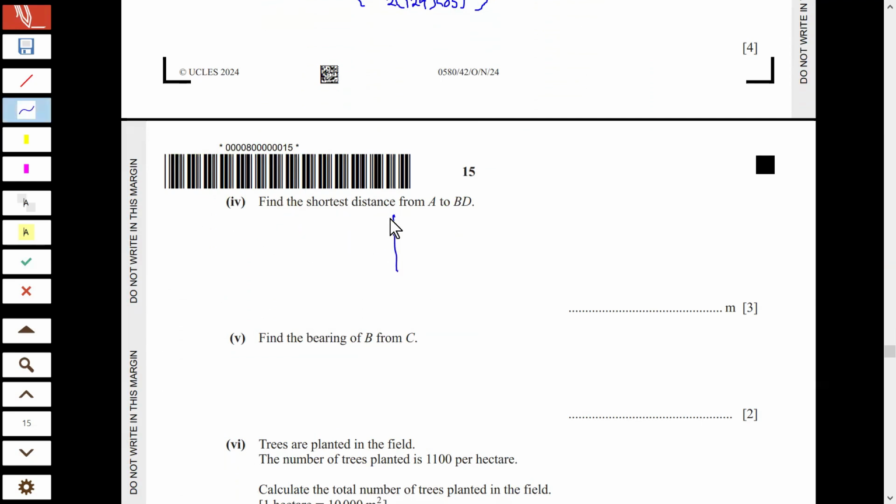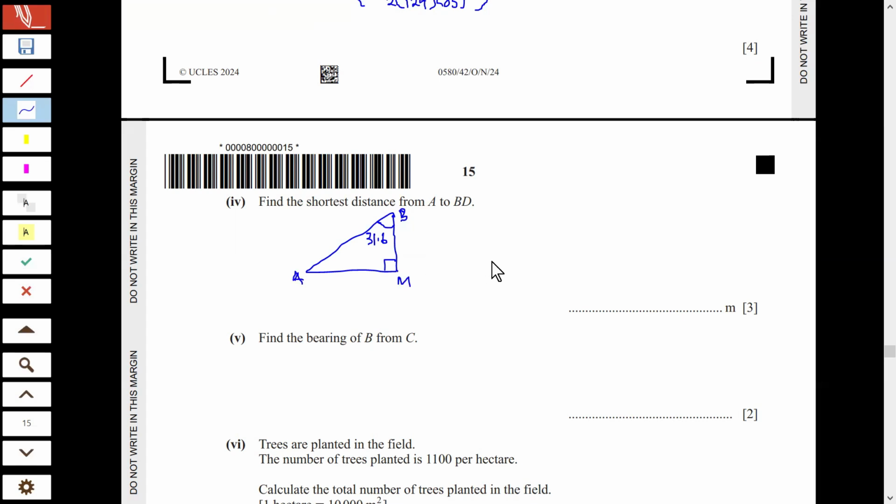Here is what we have here, and this angle is 31.6 degrees. This is B, this is M, and this is A.